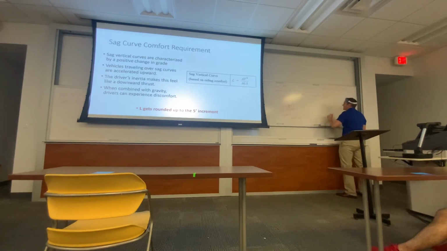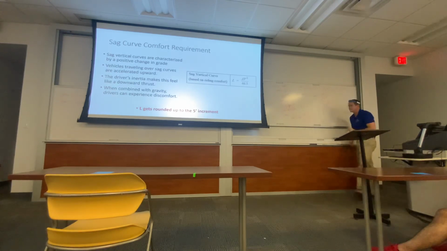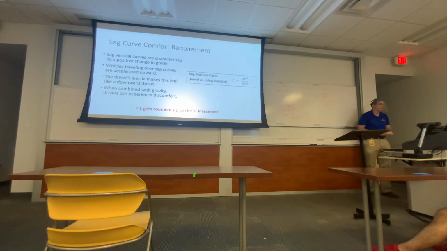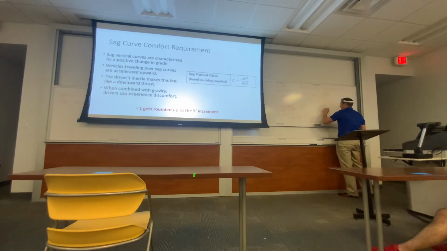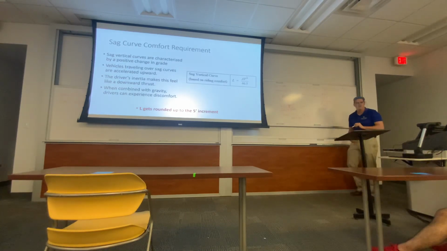So 9.65 times 45 squared divided by 46.5 equals 420. 420 feet. Is that right? On the dot. Nailed it.